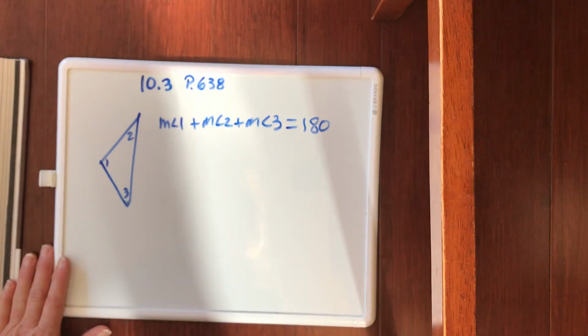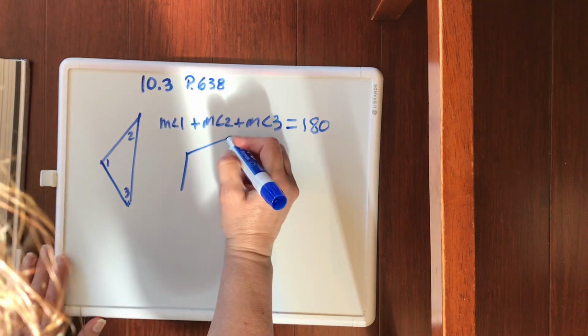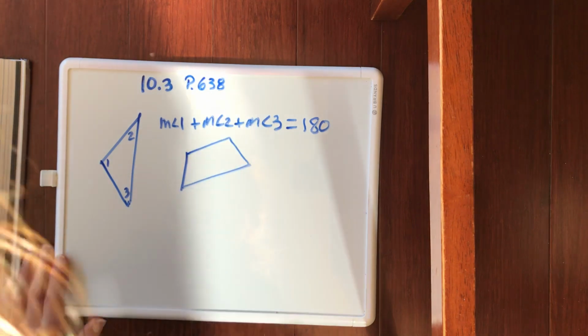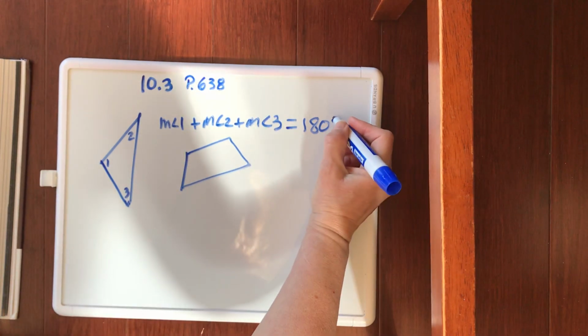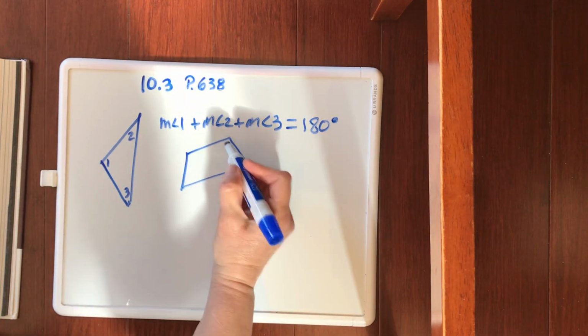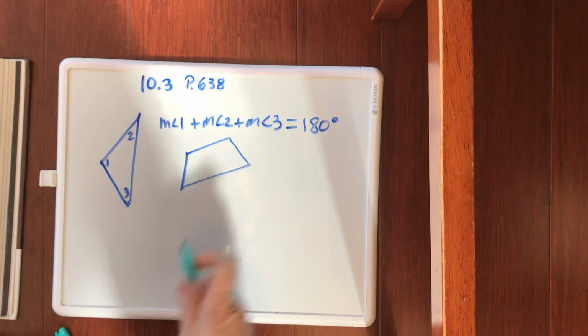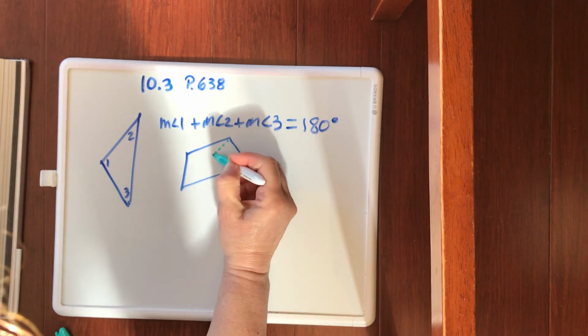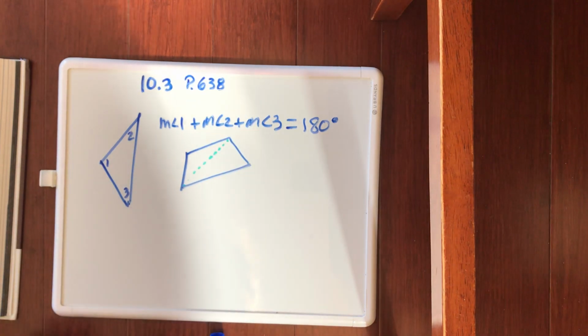Now, what if we had some 4-sided shape? And we want to know the degree measure of the inside. What are the different degrees here? Well, what we could do is we could split this up into triangles. See, there's one triangle and there's a second triangle.